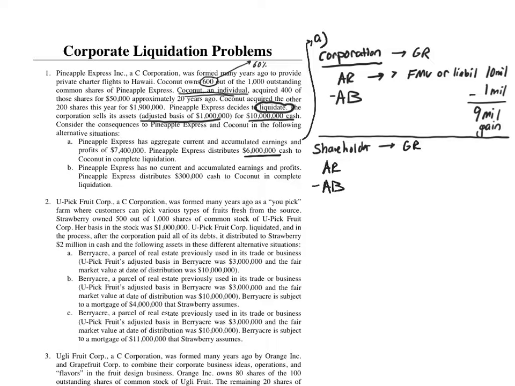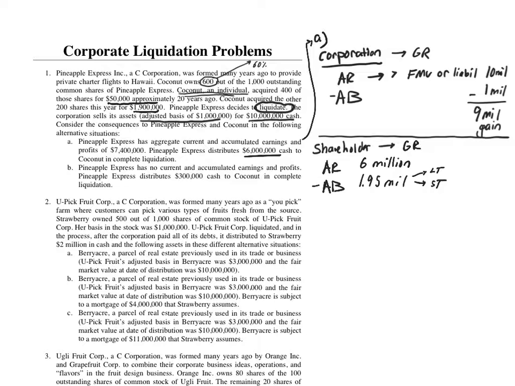So Coconut gets $6 million. That's the amount realized. The adjusted basis, we're told, is $50,000 plus $1.9 million, which is $1.95 million. However, some of that stock is treated as long-term and some of it is short-term.